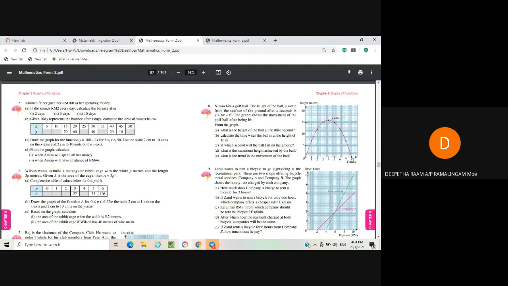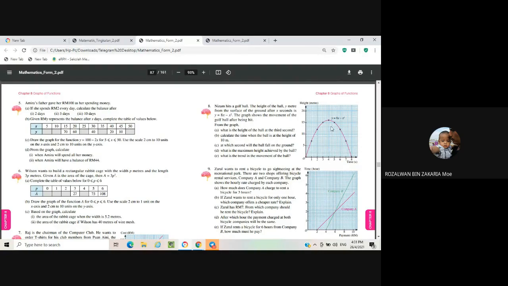Teacher, how do you construct a sentence? Okay, just for example, from 0 second until 3 seconds, the height of the ball increases until 50 meters, and the ball reached the highest height at 4 seconds.